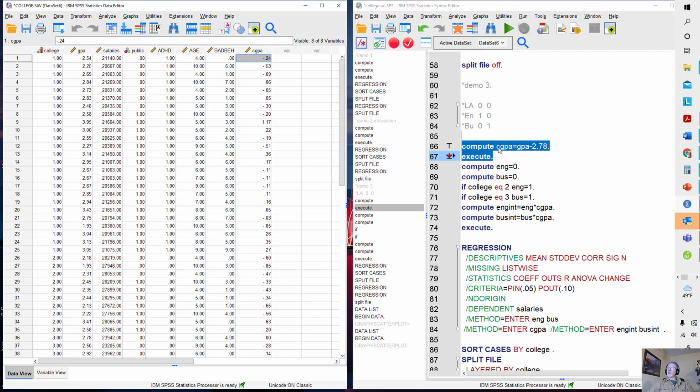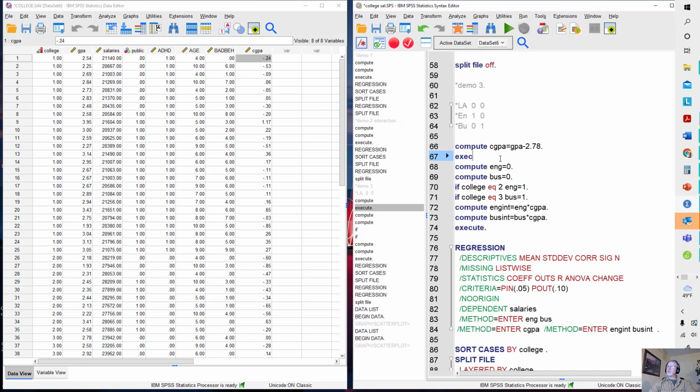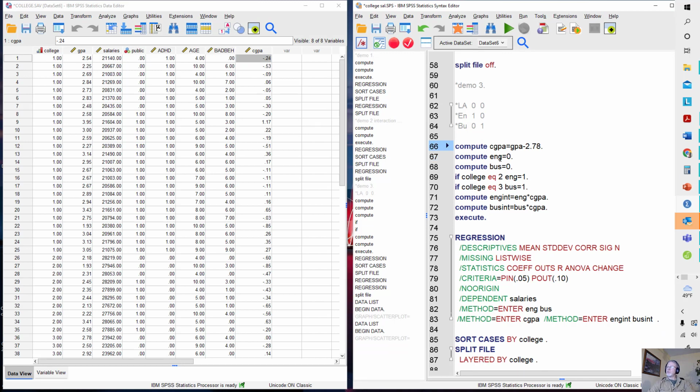And so I wrote compute center GPA is equal to GPA minus 2.78. SPSS ends with a period as if it was a sentence. And then I said execute, so the numbers would show up. And so there I've created a column of GPA scores.